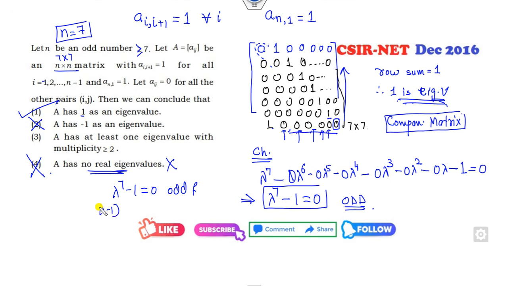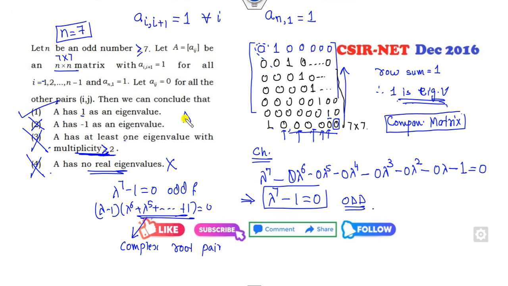Now if you look at this number, it is 6, 5. Then all the rest of the roots are complex numbers, and complex numbers occur in pairs. So there is no root of multiplicity greater than or equal to 2. So that means all are simple roots. The right answer is A.